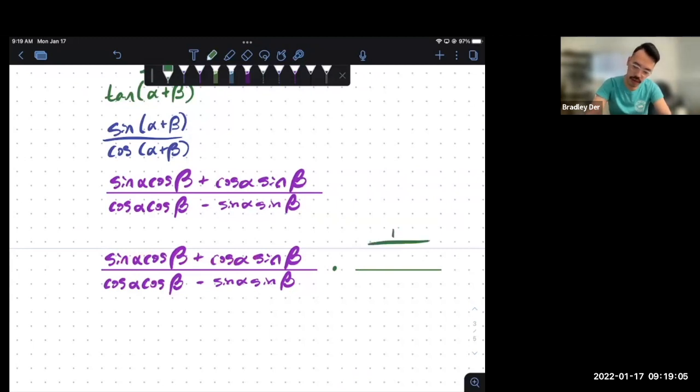If we were to multiply the numerator by 1 over cosine alpha cosine beta and distribute this onto both terms, wherever we had a sine alpha, we'd end up with a sine alpha over cosine alpha. That would have to reduce to tangent. We'd have a cosine beta over a cosine beta, which would just reduce out. We can tighten this up just by multiplying in this fraction.